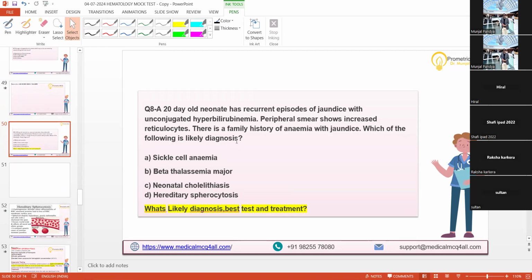Which of the following is the likely diagnosis? Sickle cell anemia, beta thalassemia major, neonatal cholelithiasis, hereditary spherocytosis. They are asking just the diagnosis. I added two more things from my side: once you diagnose, by which test, what is the best test, and what is the treatment.